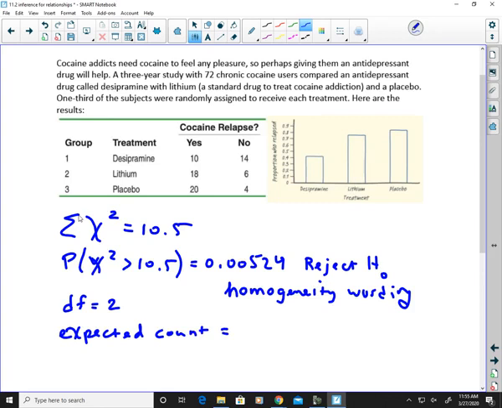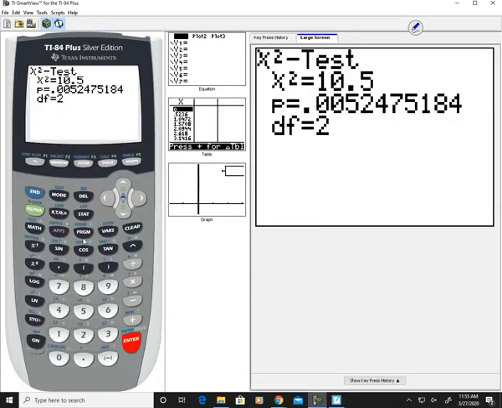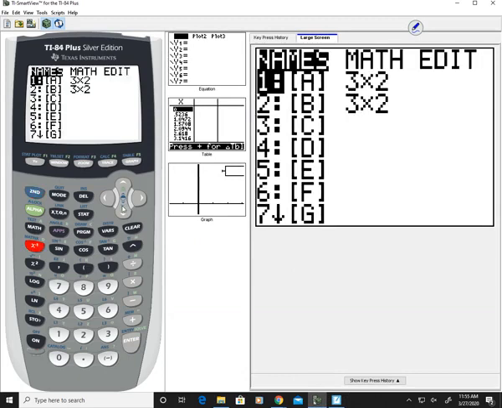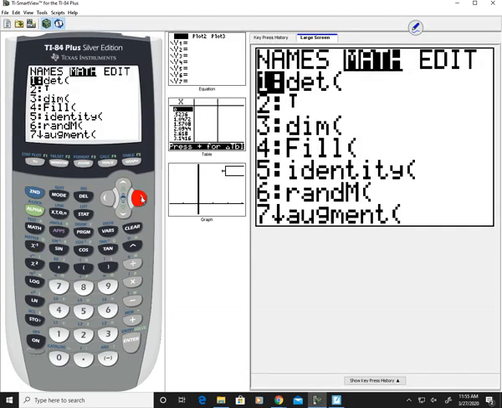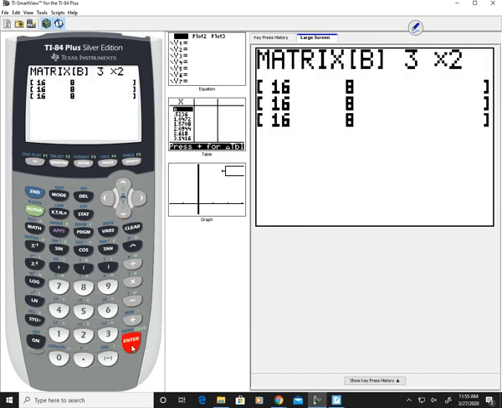And if you want to write it in matrix notation, you certainly can. Matrices have square brackets around them, unlike a determinant, which would have straight lines. But let's look and see what our matrix said. You can see that it's 16, 16, 16, 8, 8, 8.